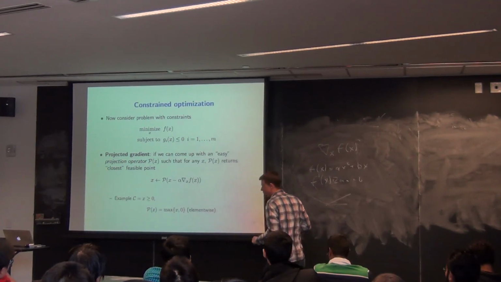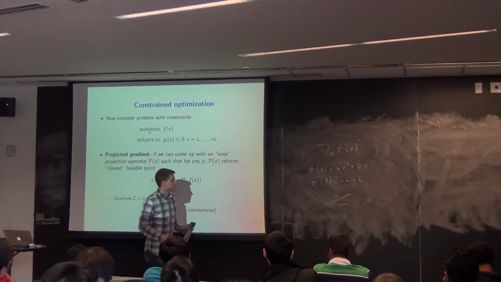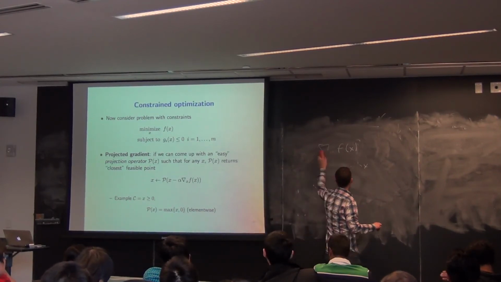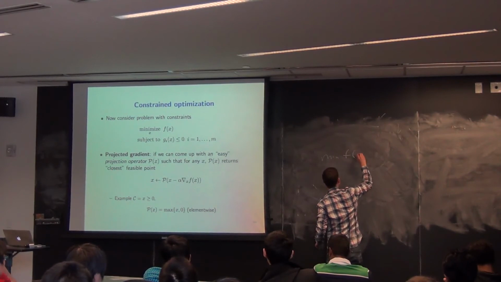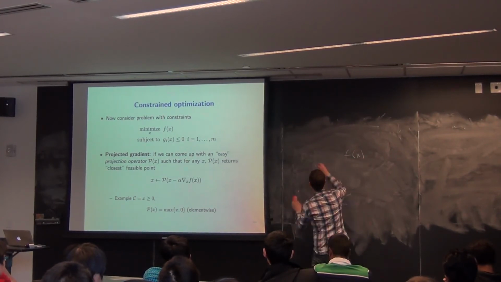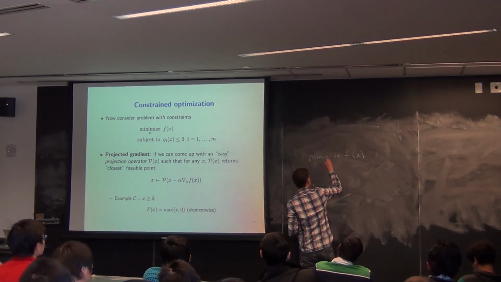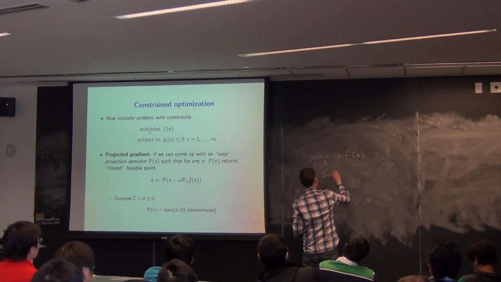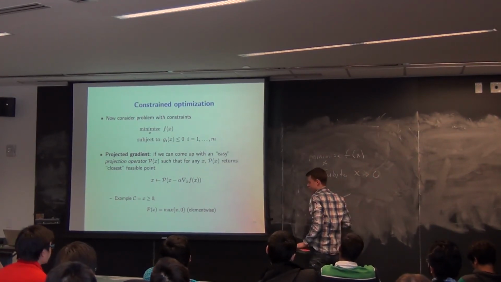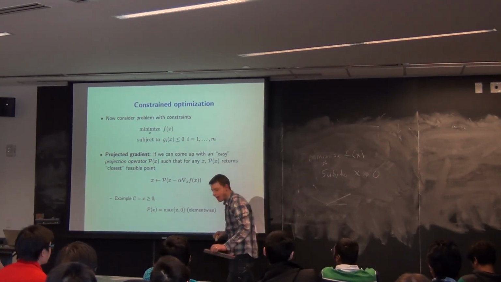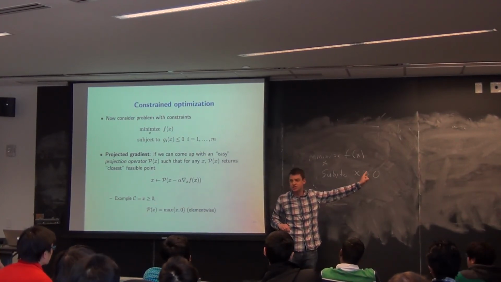So for example, if your feasible set is the set of all points where x is greater than or equal to 0, so you want to minimize, say, f of x. I'm going to be pedantic here: minimize x subject to x greater than or equal to 0. I can find a way to project onto this set.